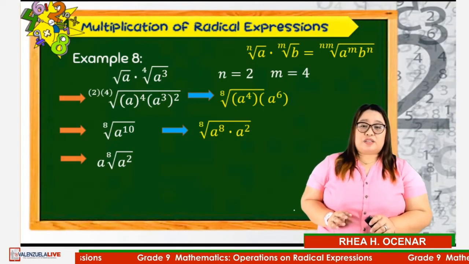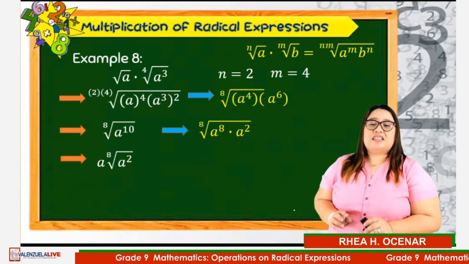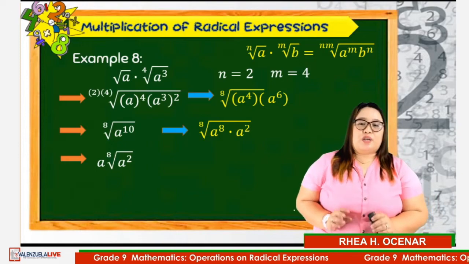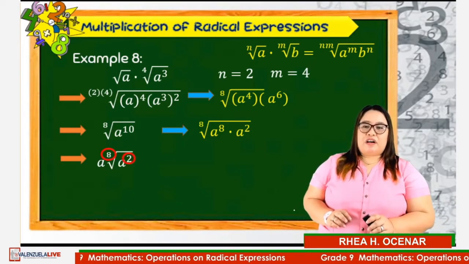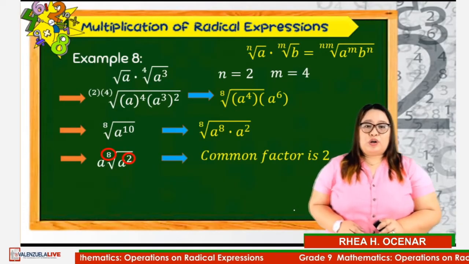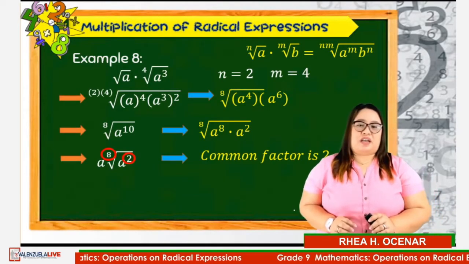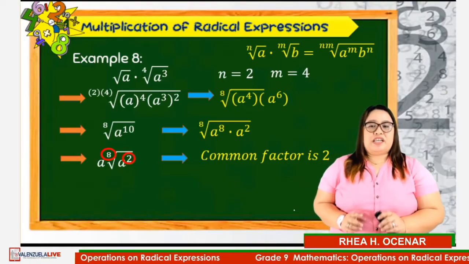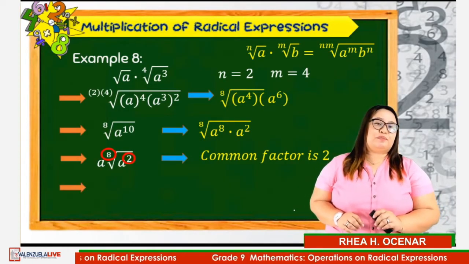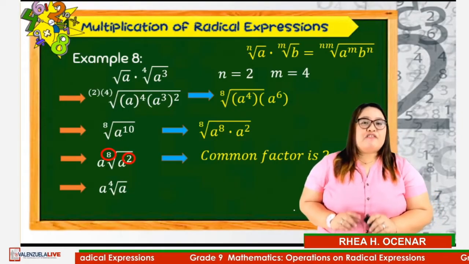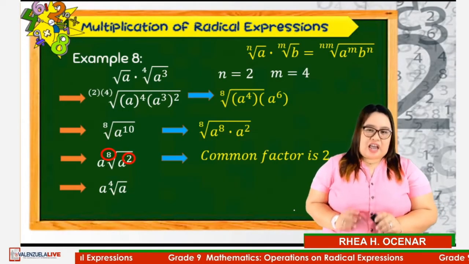But the index or order is not in simplest form. In order to do this, get the common factor of 8 and 2, which is 2, and divide the index and exponent in the expression. So we have fourth root of a.